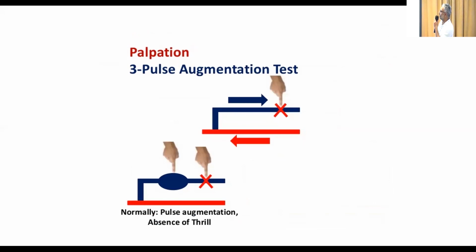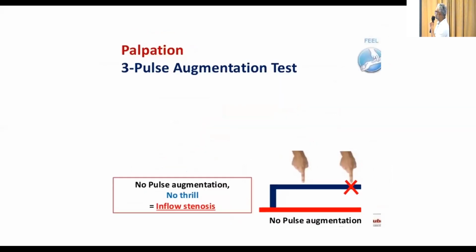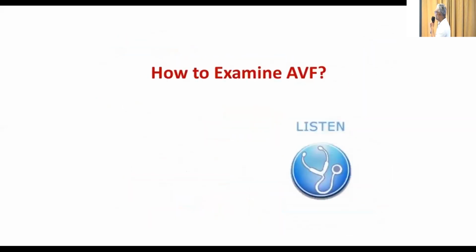This is normal. But if you have absence of this, or absence of the thrill, then as you've seen in the augmentation test, there is a problem with the inflow. No pulse or augmentation, no thrill, there's inflow stenosis, right?